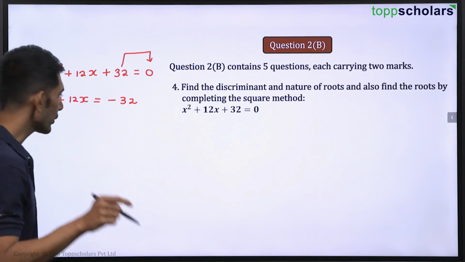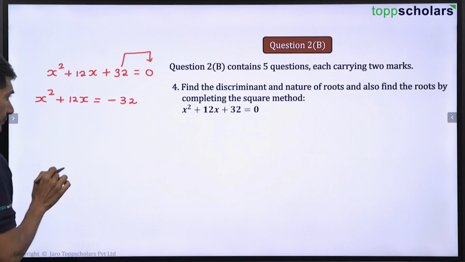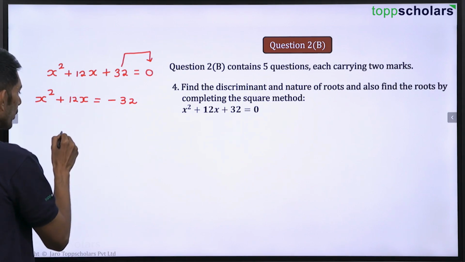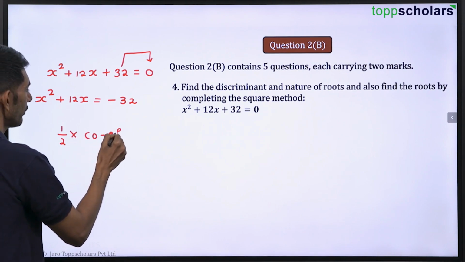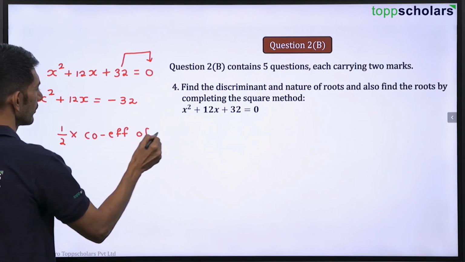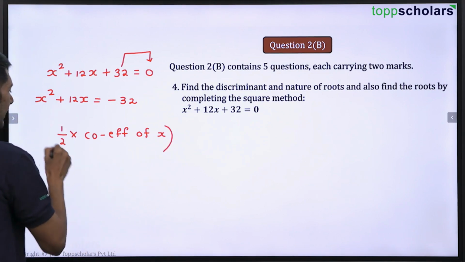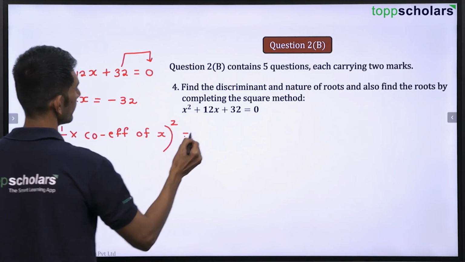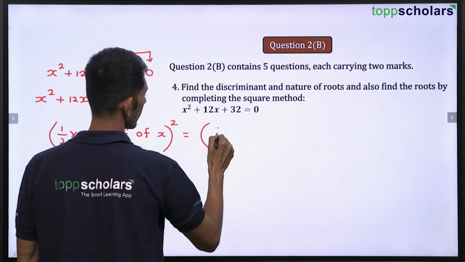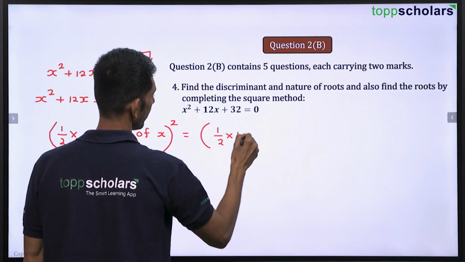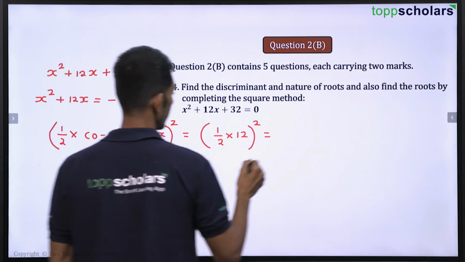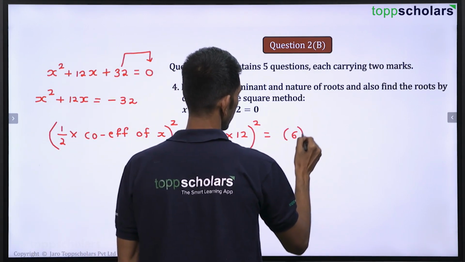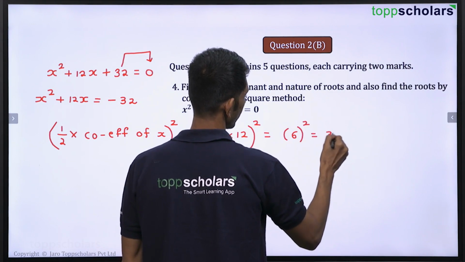Now, what you do is, you take half into coefficient of x, and then square it. That is half into 12, the whole square, that is 6 square, that is 36.